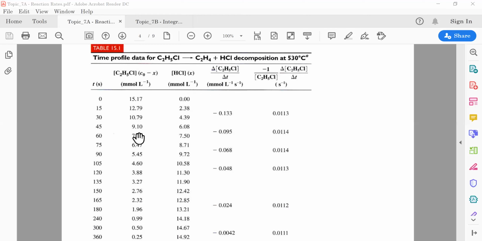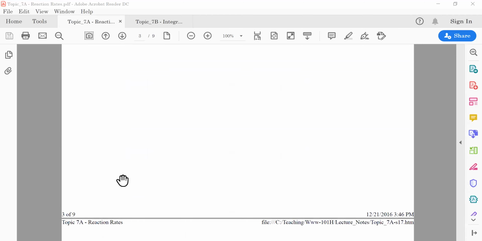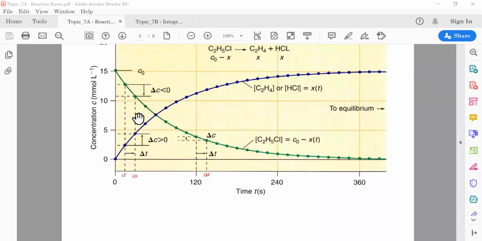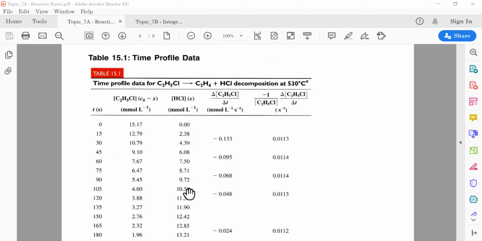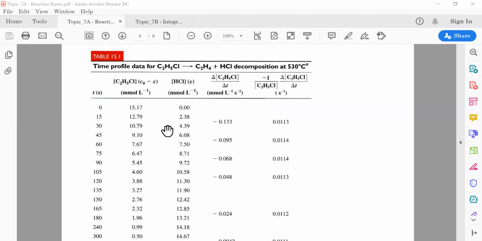So if you look at a particular interval that we did before, between 15 and 30 seconds, that was this interval right here, where we looked at that change. If you look at that same interval between 15 and 30 seconds, the decrease in ethyl chloride from 1279 to 1079, which is 2 millimoles per liter, is virtually exactly the same as the increase in concentration of the HCl.